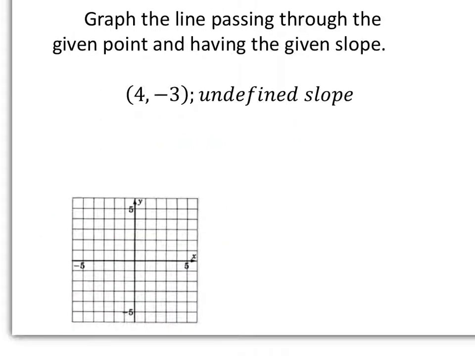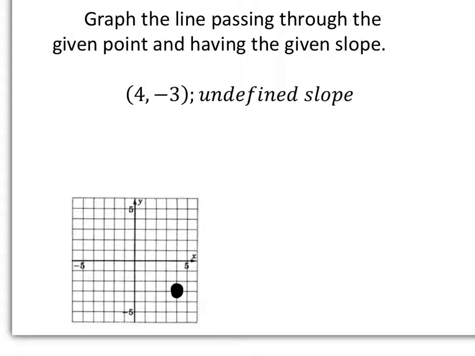In this problem, you're to graph the line passing through the point and the slope that are given. The point is 4, negative 3, and the slope is undefined. An undefined slope means the line is vertical, and it goes through the point x equals 4, y equals negative 3. We can go ahead and graph that right there.